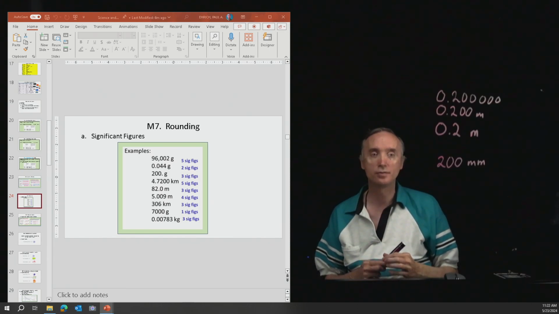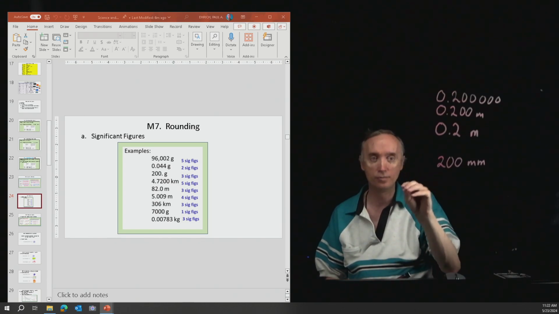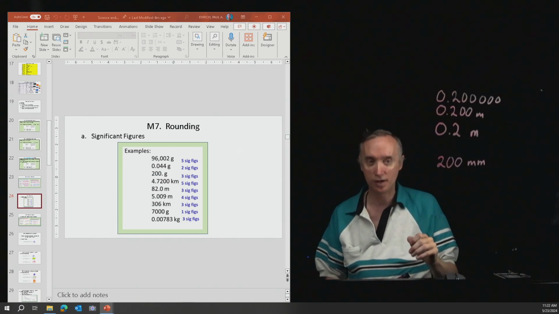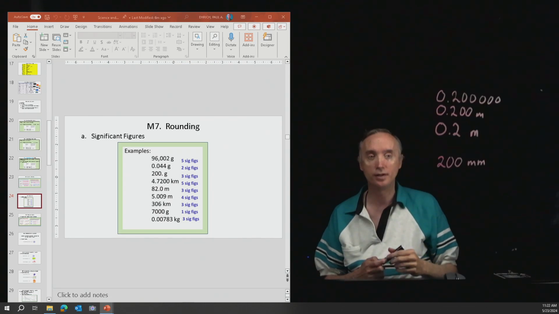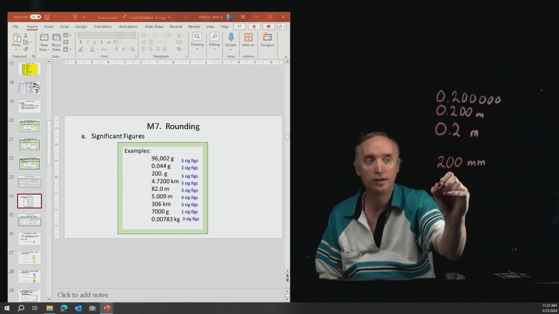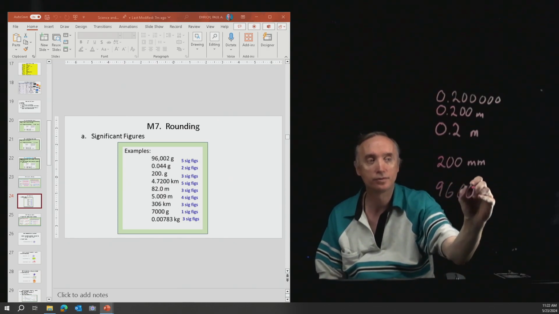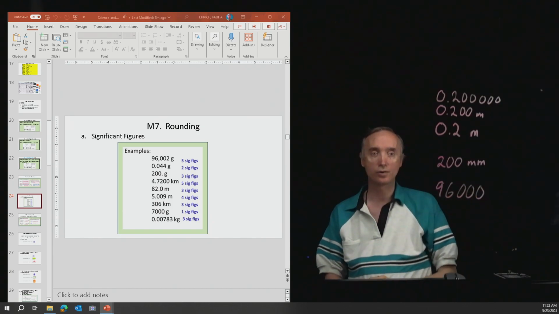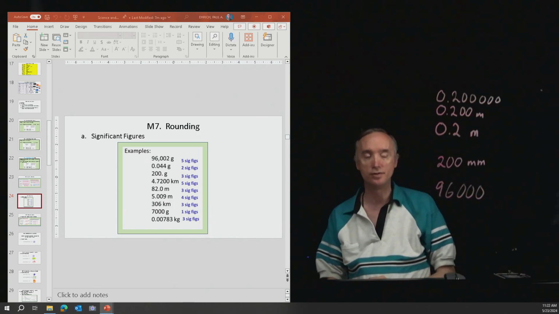So here are some examples of how many significant figures you have. The first one is going to be 96,000 grams. The question is, how many significant figures does it have?